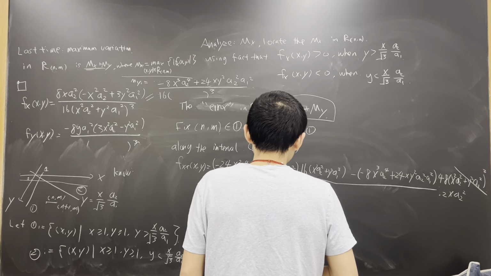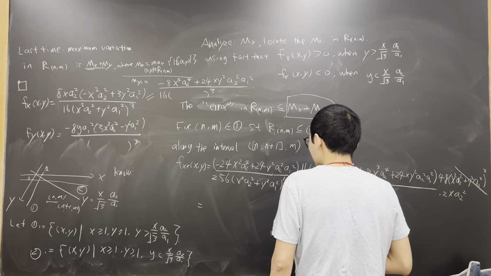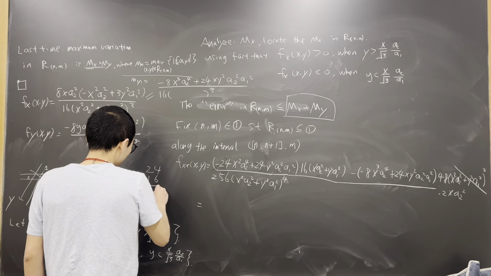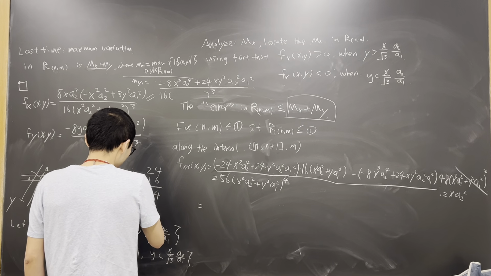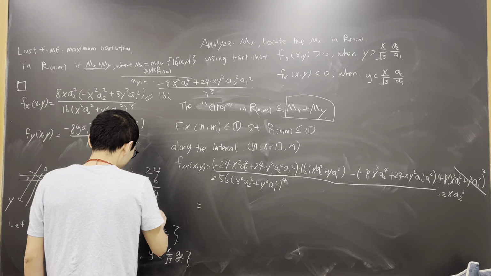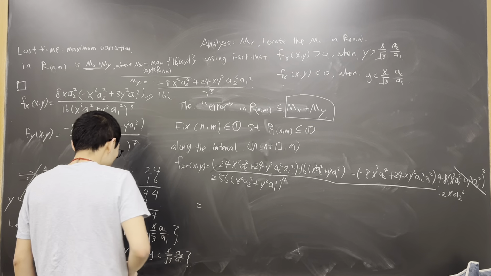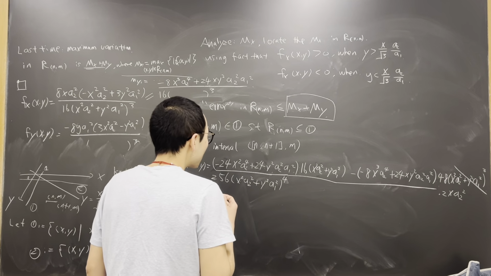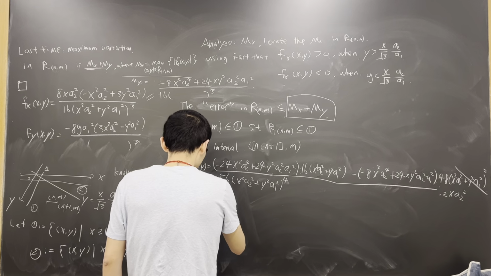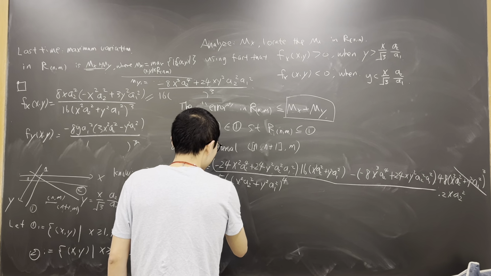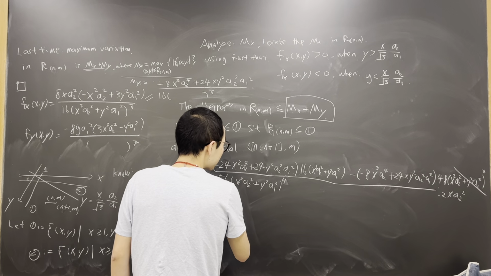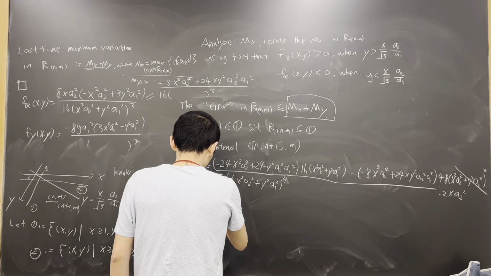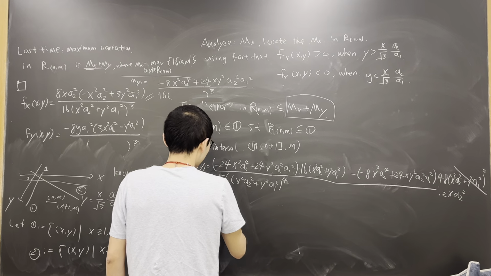So what is 24 times 16? Okay, I get 384.